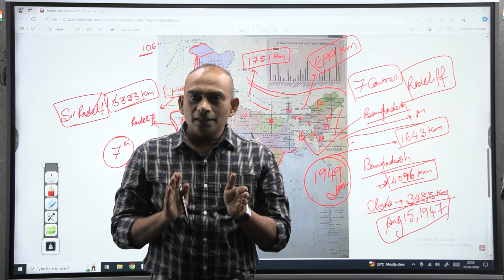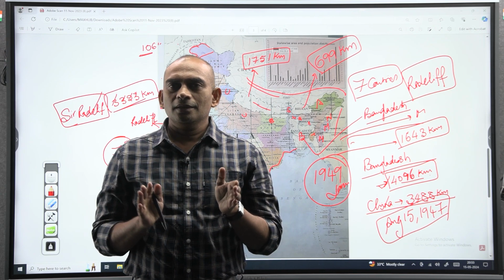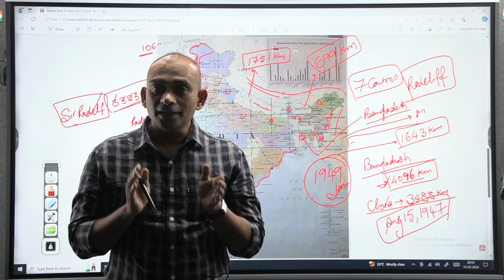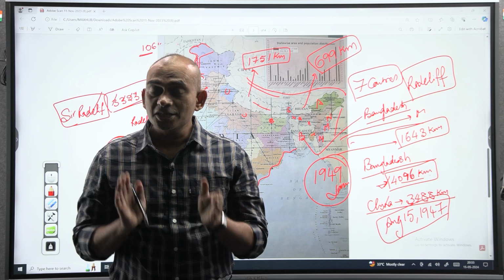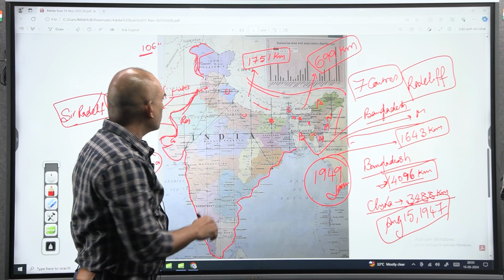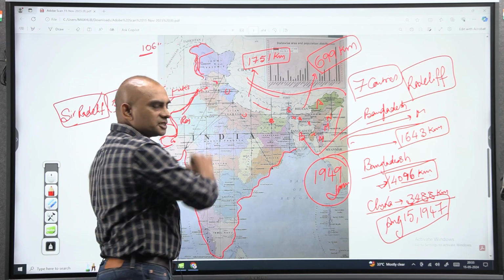India and Pakistan came together and discussed at a series of meetings at Shimla, which is located in Himachal Pradesh.